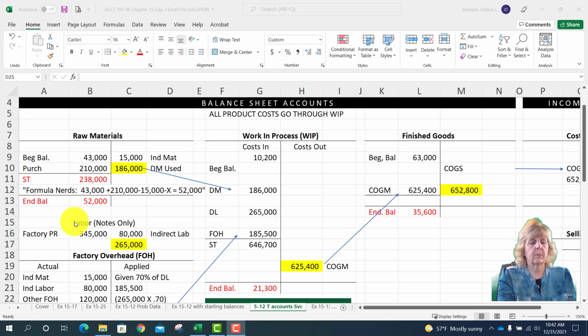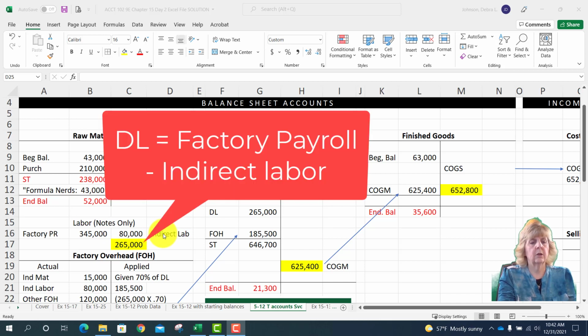On the labor portion, he told us the total factory payroll was $345,000. He also told us that of that amount, $80,000 was due to indirect labor. Indirect labor is charged to overhead, so we would have debited the factory overhead account. All the labor would have a credit to some type of factory wages payable.